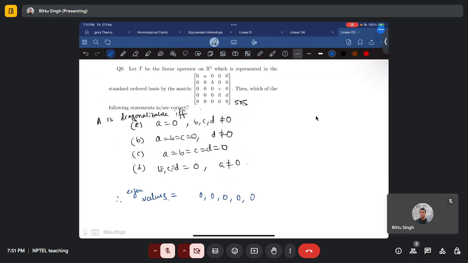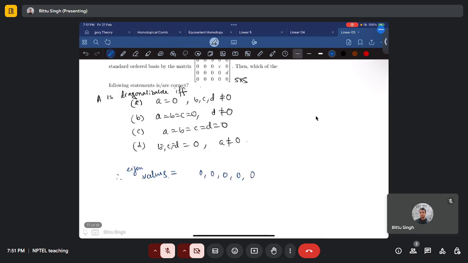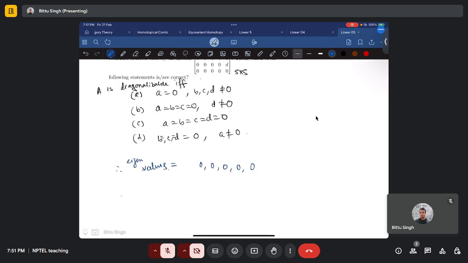Now, 0 is the only eigenvalue. So we must have 5 linearly independent eigenvectors in order for A to be diagonalized. Right? So corresponding to 0, A is diagonalizable if and only if, what is the condition?